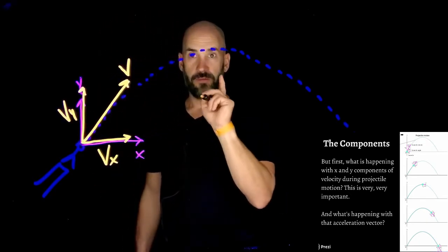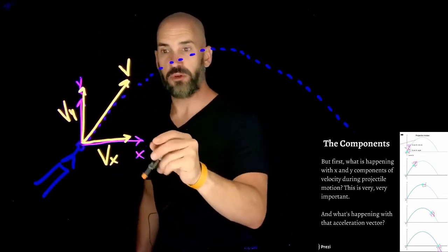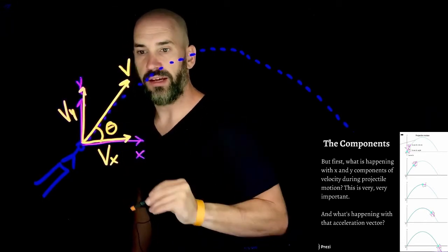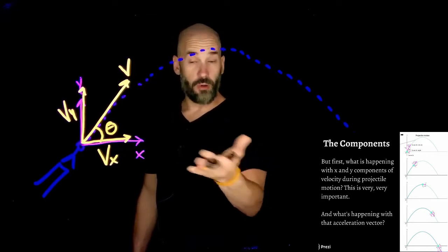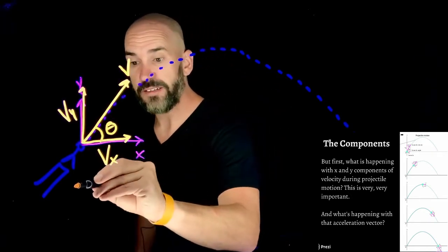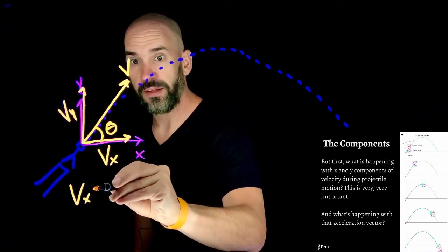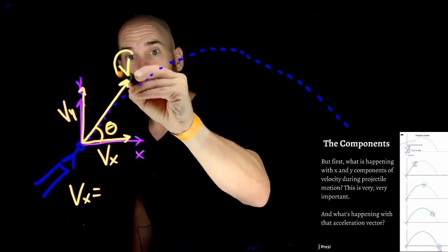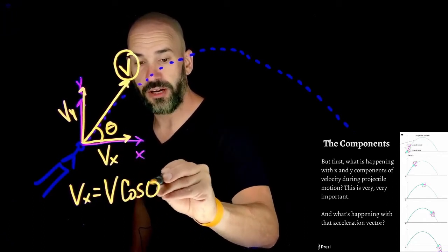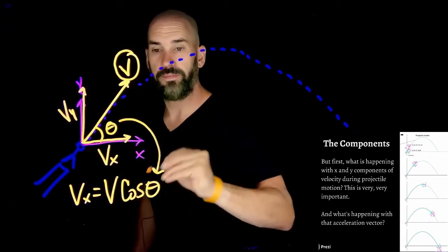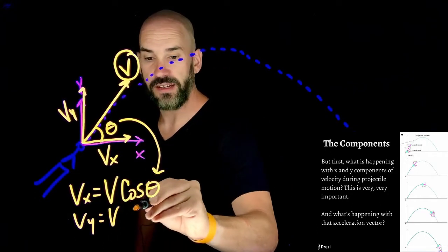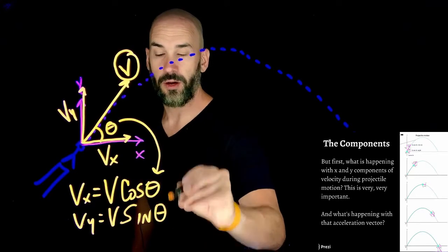It's very important that you see the difference between those, and that you notice there is some angle that it's being shot at. Just like from the vector work we've done in the last chapter, this Vx component is just the initial velocity v times cosine theta, and Vy will just be v sine theta, okay?